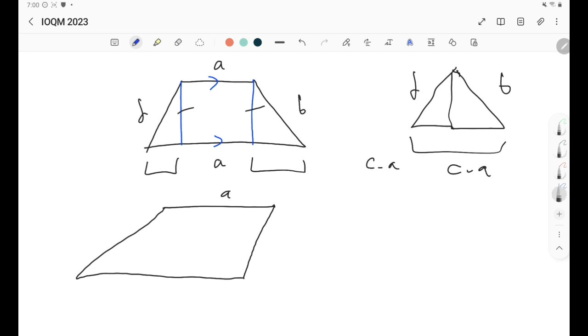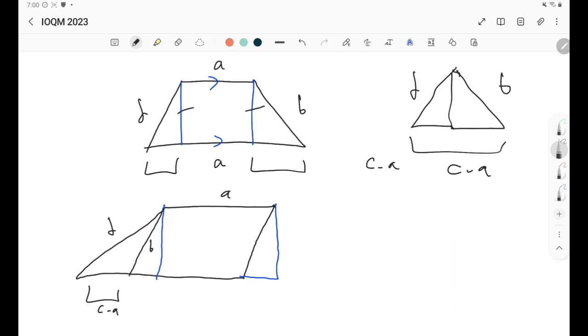If we just project here and project here, you can grab this one here and put it here. This is going to be C minus A, this is going to be D, this is going to be B. So also they form a triangle: C minus A, B and D.